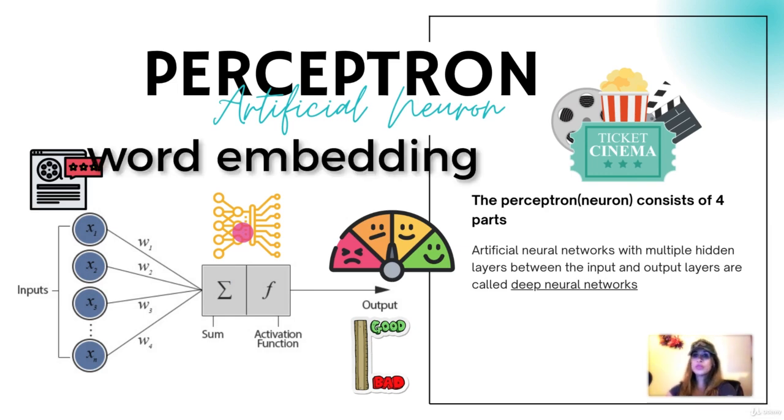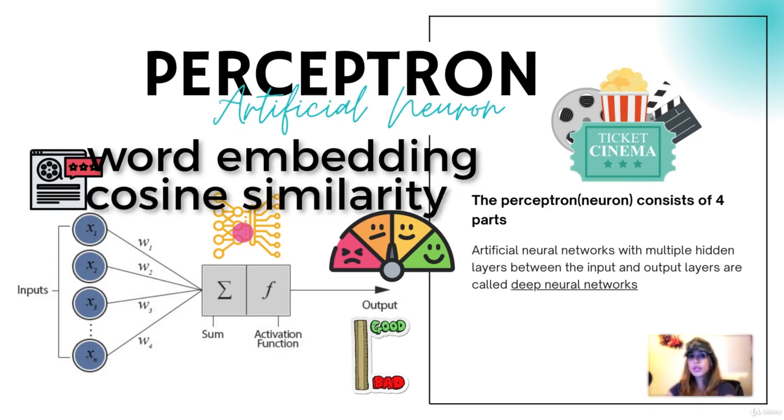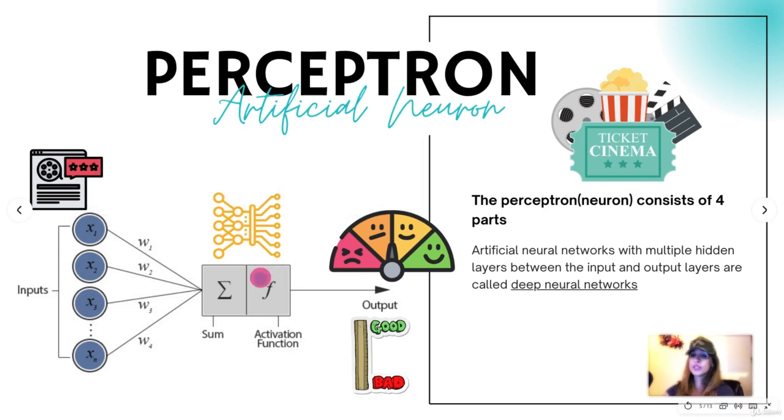Later on, when we do word embeddings and cosine similarities, you would understand how the algorithm has an idea of the context or the meaning of that word. Then it figures out if it's a good or bad review, so it outputs that sentiment. So we get the sentiment analysis for all our movie reviews, and it will tell us if it's good or bad. That's if we do a polarity type of sentiment analysis.